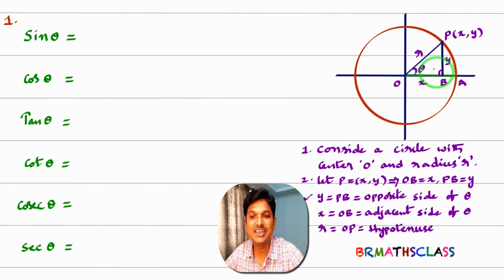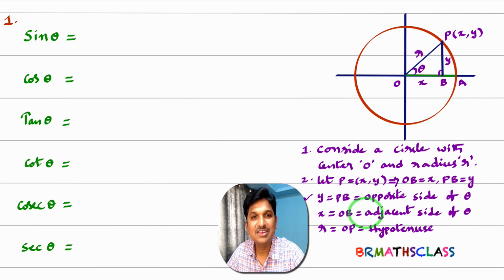See, this is 90 degrees. OP is the side opposite to 90 degrees, so OP is the hypotenuse. What is the remaining side? That is OB. OB is the adjacent side.